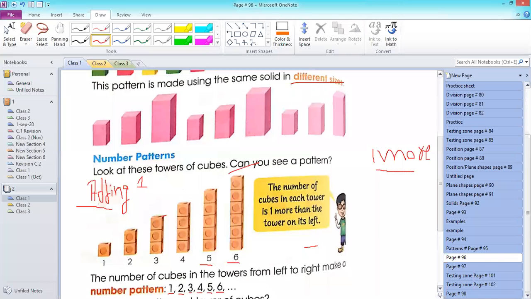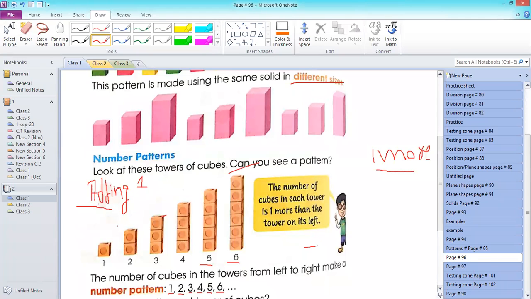So you have identified the pattern, that you are adding one cube from one tower to another tower. If you have to find how many cubes should be in the next tower, you can easily say you will add one, and it will be 6. How do you know? Because you know that in the pattern you are adding one.